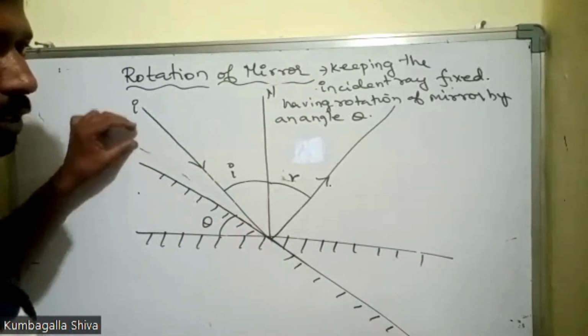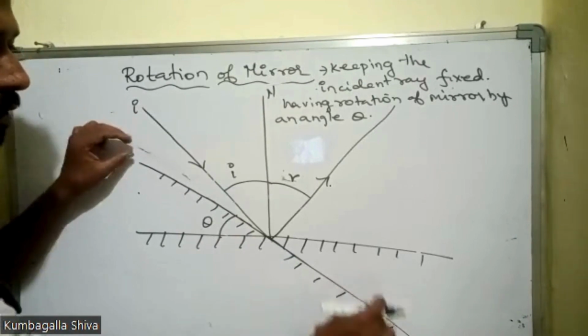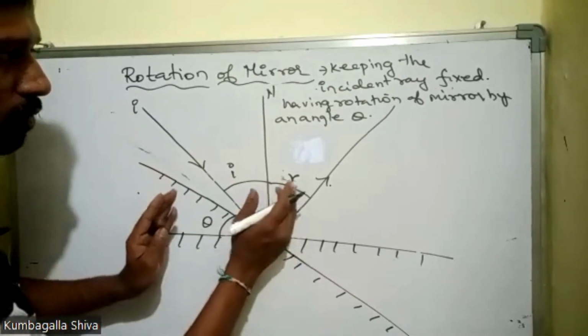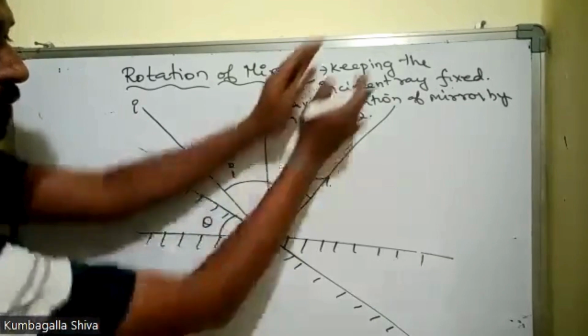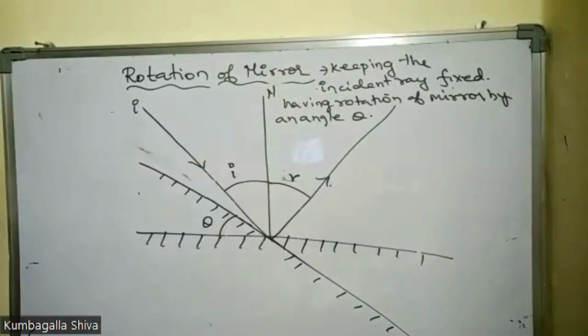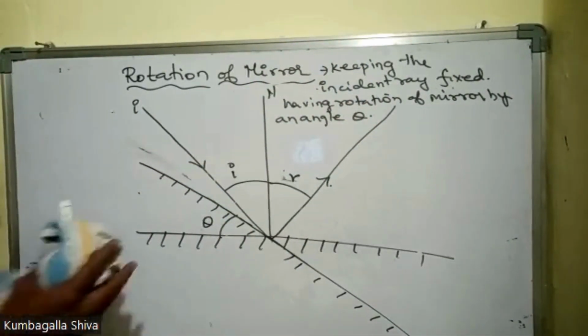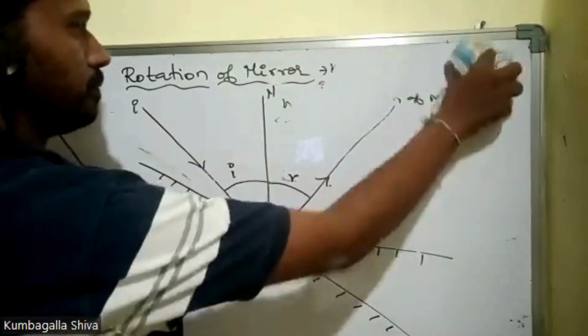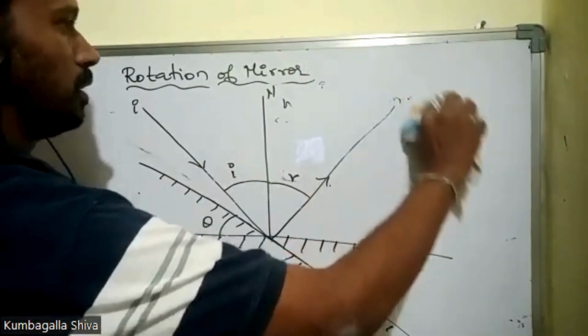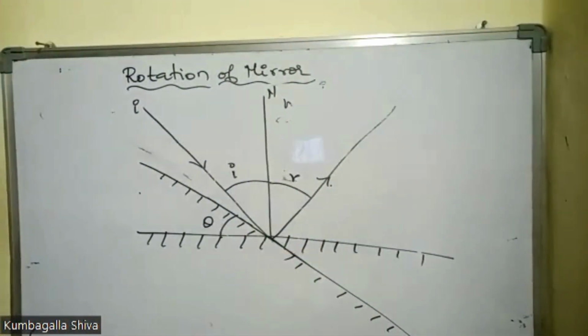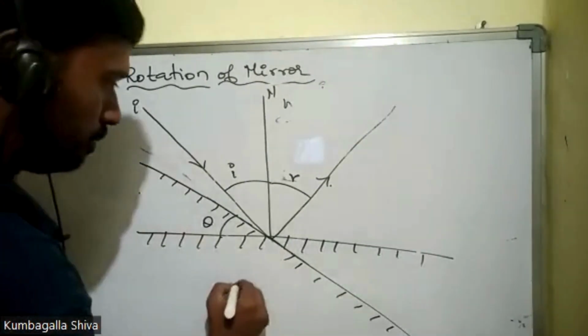Now when I rotate this mirror, I will have a new normal. The normal also will shift, perpendicular to the surface of the mirror. Now I rub here for a clear diagram. The clear diagram. Now the new normal.